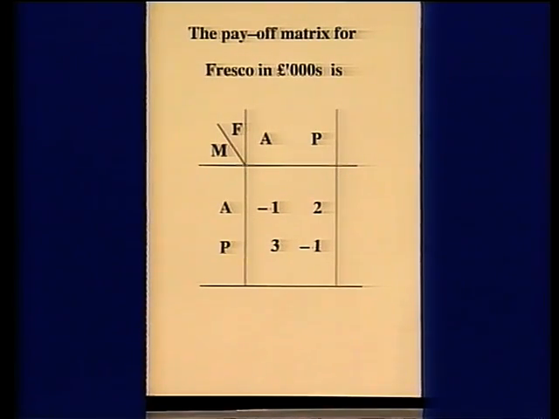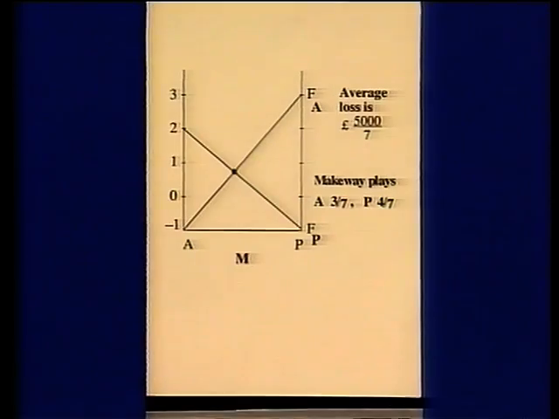And if we produce the graphical solution, then the same procedure as before shows that the average loss to Fresco in the optimum strategy is 5,000 over £7. Not a simple number, but not everything works out as simple numbers, even in these examples. And it advises us that Makeway should advertise 3/7 of the time and should price cut 4/7.